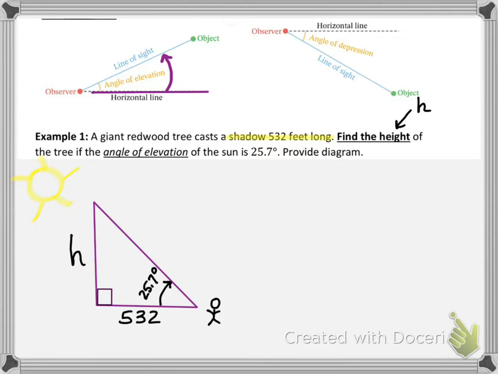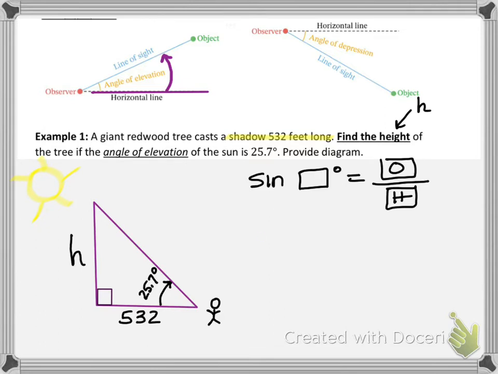We have 3 formulas. The sine of an angle in degrees will always be opposite over hypotenuse, okay?